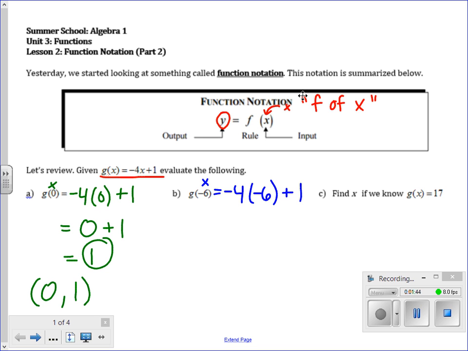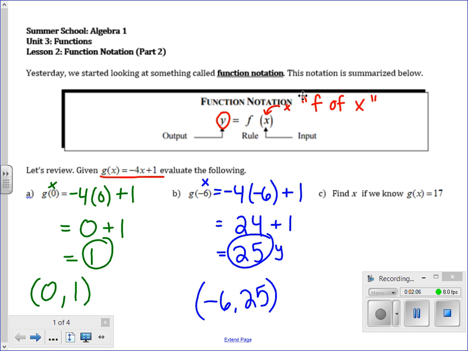So I have negative 4 times negative 6, which equals positive 24 plus 1, which gives me an answer of 25. If I were going to write this solution as an ordered pair, because the answer here is a y, I can write an ordered pair of negative 6, comma 25. That means that negative 6 is the x that matches the 25 for this function.